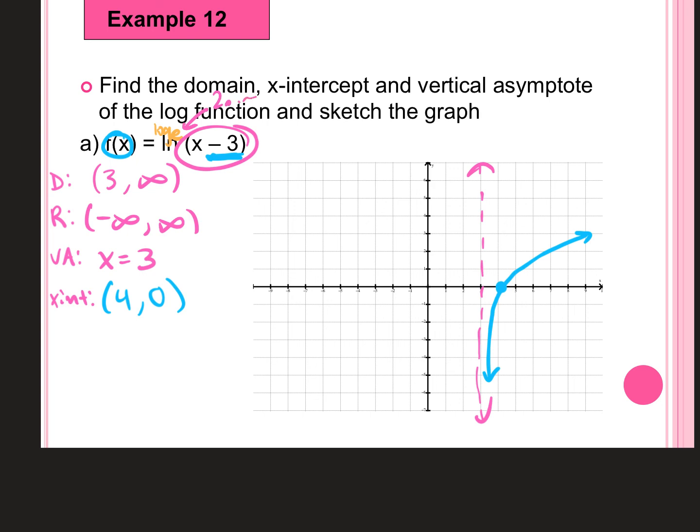It's 2 point whatever, but it's not a fraction, so that's why we know it is an increasing graph. Because remember, if our base was something that was less than 1 but greater than 0, then our graph would have this type of shape like that, just the opposite way. But here it's increasing because the base is greater than 1.